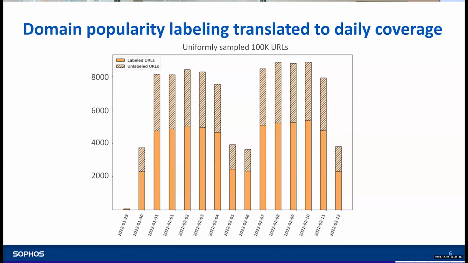So the orange one is something that we had a label for from the analysts, and the dashed one is something that we are completely blind to. So it turns out if we sum up the long tail of the internet, we turn out to be blind to roughly half of the telemetry that's going through our products. So we don't know if it's an update site or is it someone buying drugs. So that's what we want to solve.